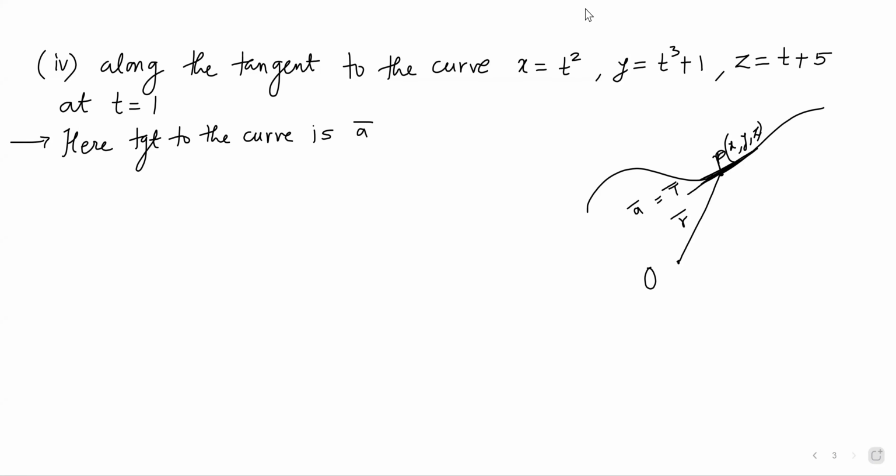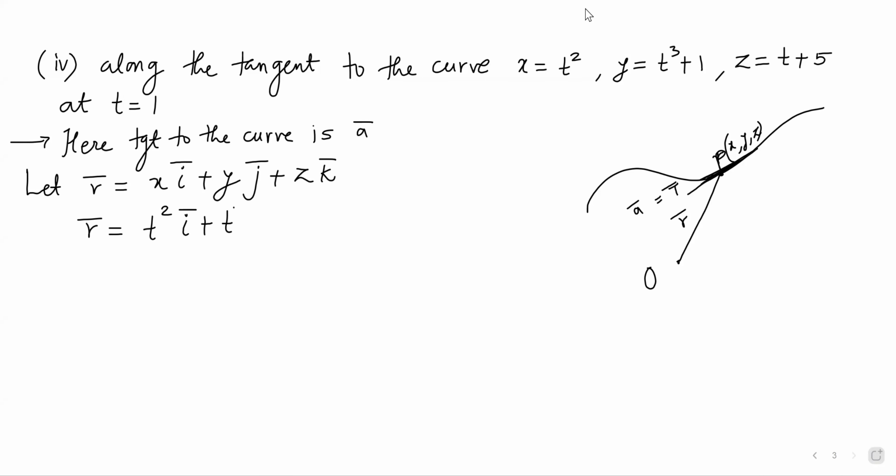Correct? So this is for your understanding. What I have to do is find first of all R bar. So let R bar be x i bar plus y j bar plus z k bar. Substitute the values of x, y, z. So it is t square i bar plus t cube plus 1 times j bar plus t plus 5 times k bar.